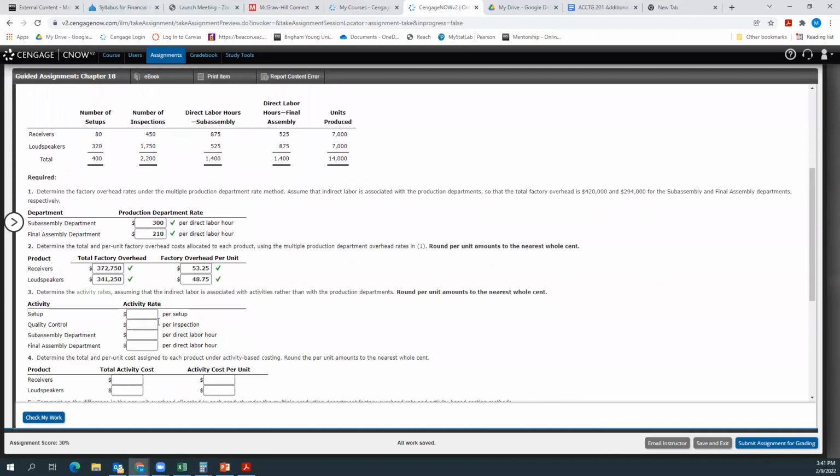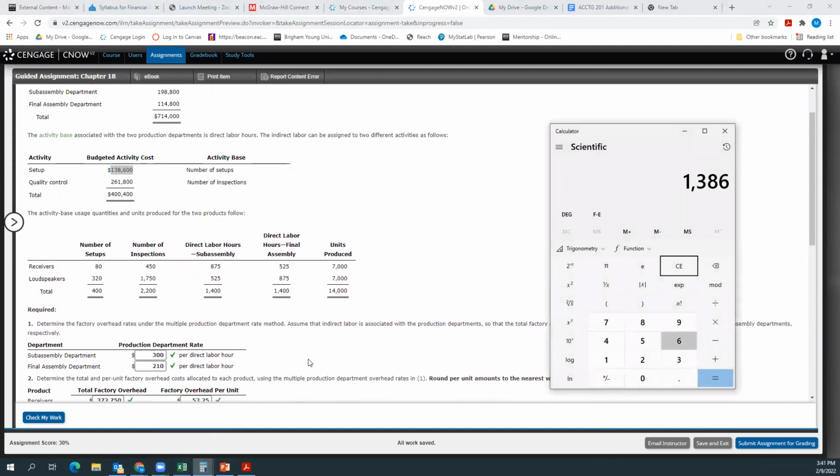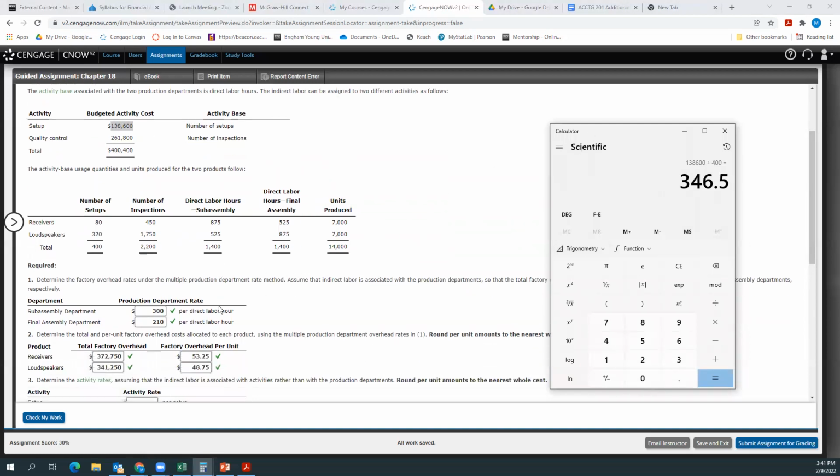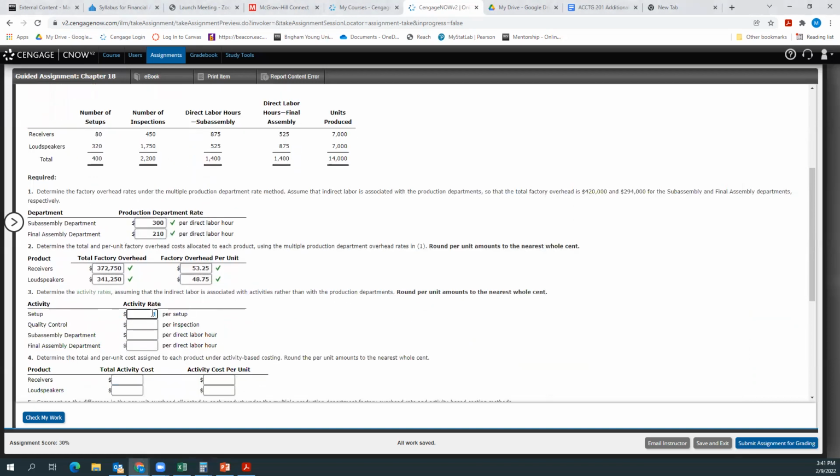So to find these rates, all we have to do is take this amount, 138,600, and divide that by the total number of setups, which is right here, which is 400. So we're saying we're going to allocate overhead expenditures at a rate of $346.50 per setup.